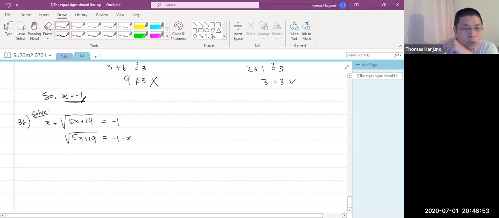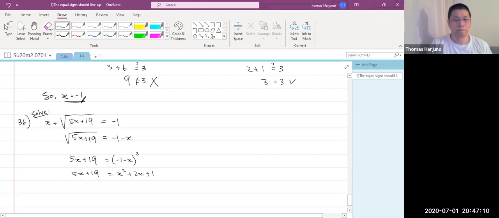What we can do is square both sides. When we square both sides, this is what we get. That will be x squared plus 2x plus 1. Then, because it's quadratic, I set one side to be 0: x squared minus 3x minus 18.